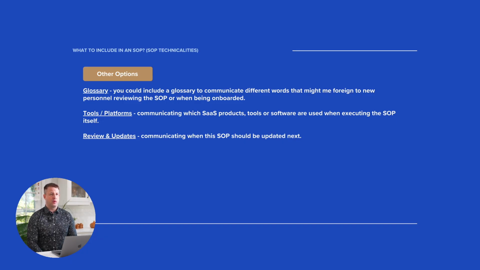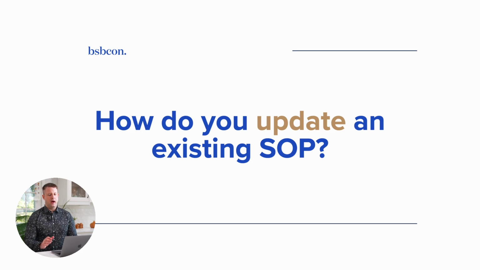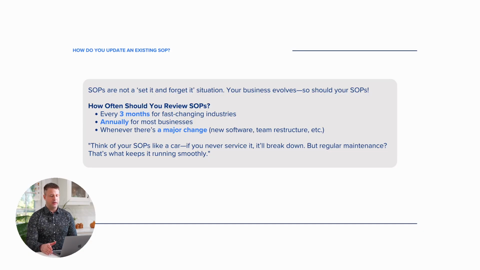If you're complying with ISO, if you're complying with a certain regulatory body, this might be something you may want to include. How do you update an existing SOP? So you've developed the SOP, now you want to update it. Every 3 months is a good timeline for most businesses, annually for most companies. But one of the biggest things is whenever there's a change.